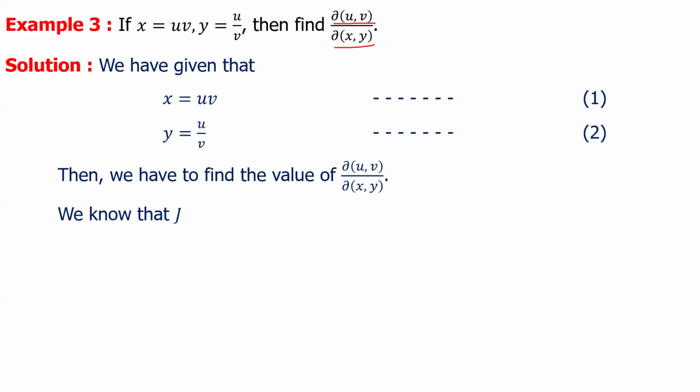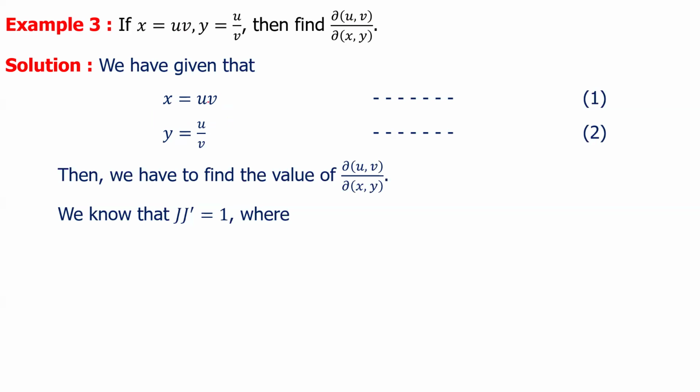But we know that the Jacobian... now here we want to find the Jacobian of uv with respect to xy, but in equation numbers 1 and 2, x and y are dependent variables and u and v are independent variables. So now we have two methods. What is method number 1?